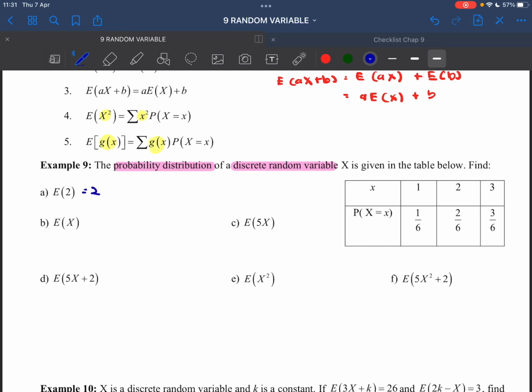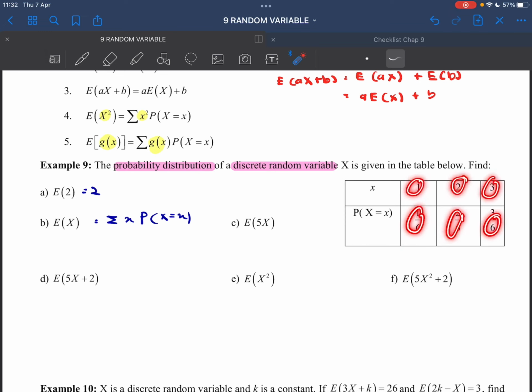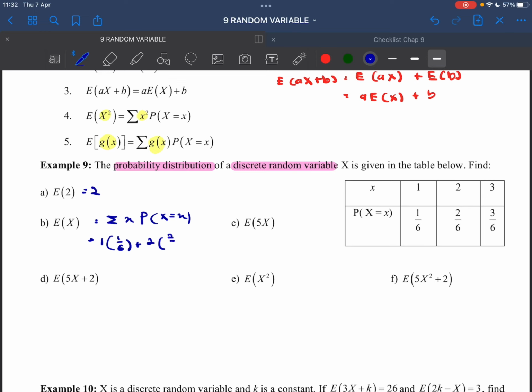To find E(X), it is the summation of X multiplied by P(X equals x). We just multiply each X by its probability: 1 multiplied by 1 over 6, plus 2 over 6, plus 3 over 6, and you get 7 over 3.